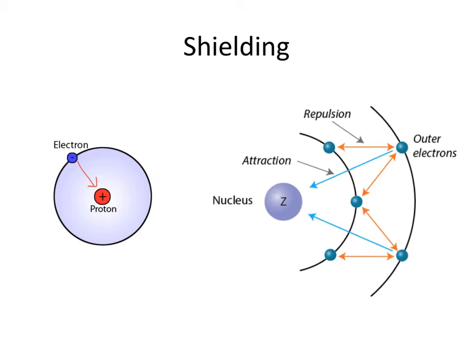Okay? But on the right side over here, what we see is that we have now a number of electrons. We have electrons on this shell here, the first shell, and the second shell. Now please be aware that our first shell does not have more than 2 electrons. This is just for illustration purposes.